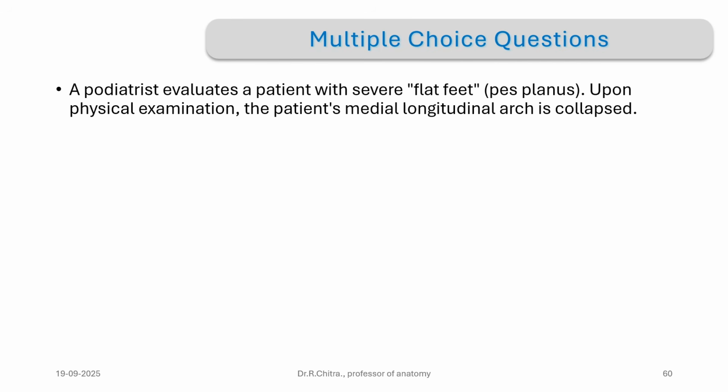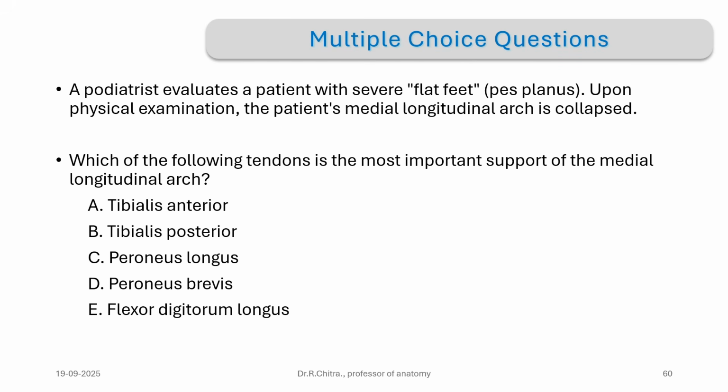A podiatrist evaluates a patient with severe flat feet. Upon physical examination, the patient's medial longitudinal arch is collapsed. Which of the following tendons is the most important tendon of the medial longitudinal arch? So main ligament is spring ligament and which is supported by main tendon, tibialis posterior.